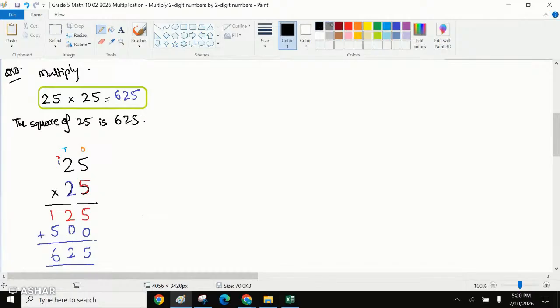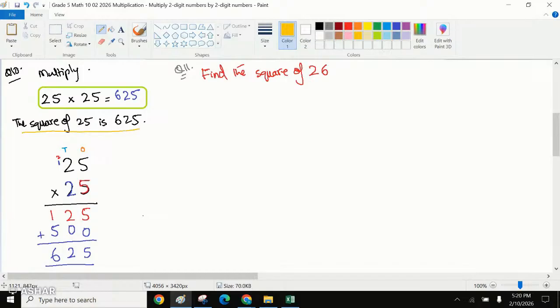Let's have a look at another question. Question number 11. Using the similar statement, find the square of 26. Because I use the term over here, the square of this is this.